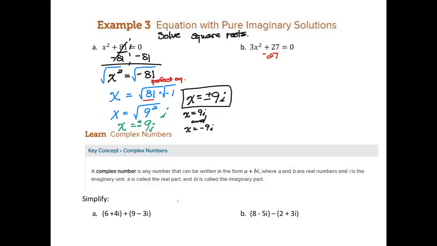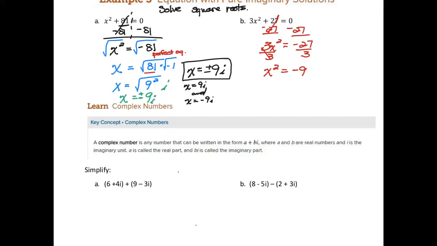I am going to subtract 27 from both sides. 27 cancels out. 3x squared is equal to negative 27. I'm trying to solve for x. Divide by 3, divide by 3. x squared equals negative 9.